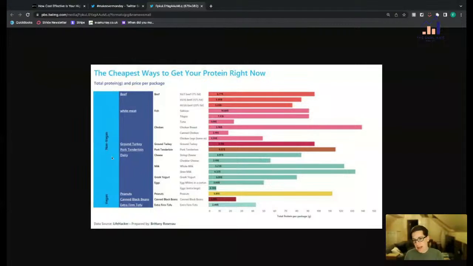Now, I like that it contains all the different categories. So the different items, it's got meat, it's got dairy and plant-based sources, and then it splits it into vegan and non-vegan.